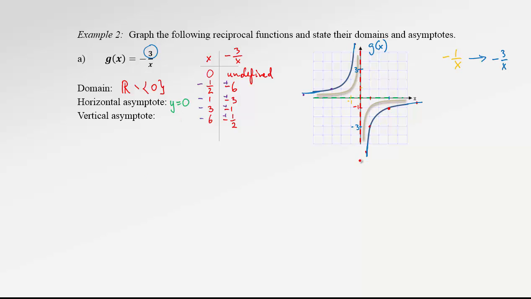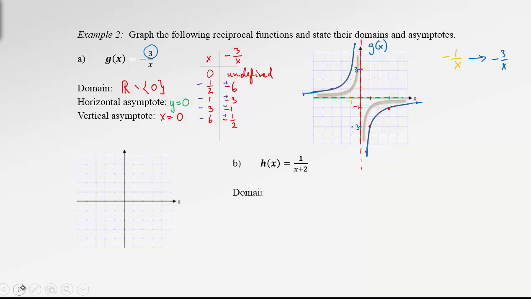We also have the vertical asymptote, because the graph is approaching the y-axis as x approaches 0. If x is very close to 0 but positive, the values of our function are diminishing towards negative infinity. And if x is negative but very close to 0, the values of our graph are growing towards infinity. Therefore, the y-axis is our vertical asymptote and it has equation x equals 0.